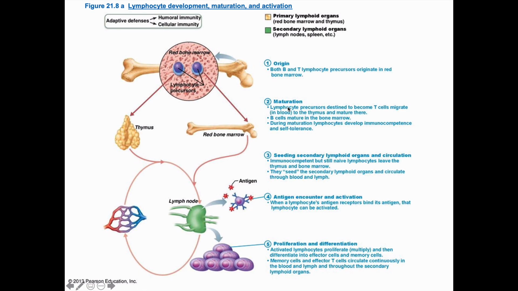So here you can see the lymphocyte development, maturation, and activation. As I told you, you would have seen this in hemopoiesis: B lymphocyte cells are produced from the bone marrow and T lymphocyte cells are produced from the thymus gland. They migrate to the lymph node.